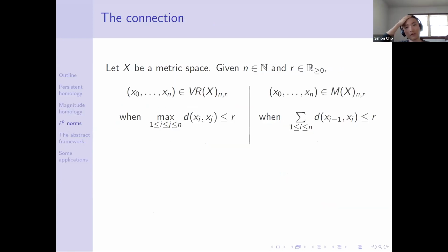Okay, so we can already kind of smell that there's a connection here. Aside from the fact that they're both about metric spaces and the lengths between tuples of points, these conditions for simplices to be part of the complex are formally or thematically similar.